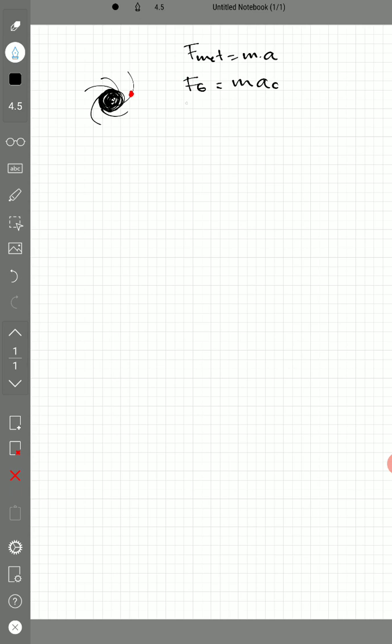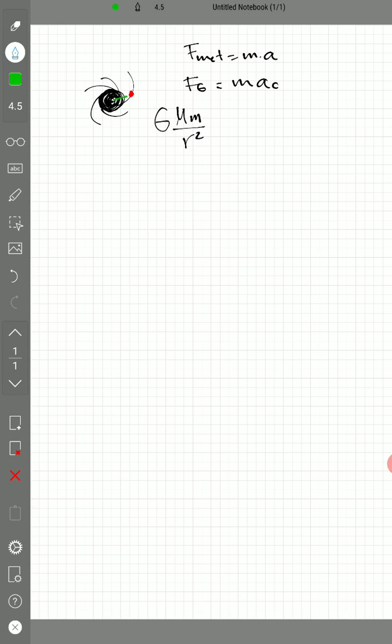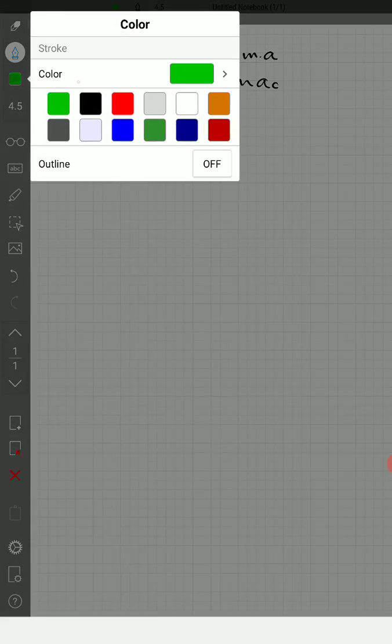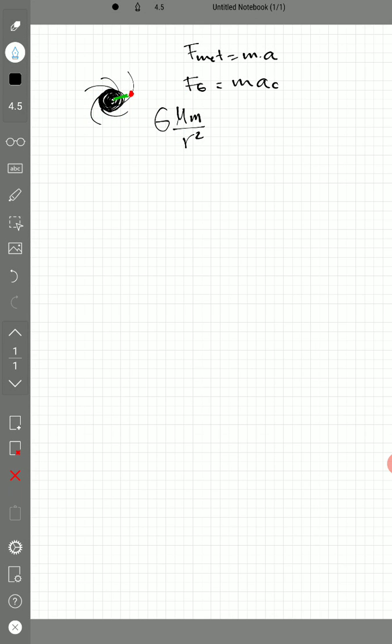So the gravitational force will be G M m over r squared, r being the distance from the center of the galaxy to the star, that green line over there. Big M will be the mass of the galaxy itself, or the core, the center of the galaxy, and small m would be the mass of a star.